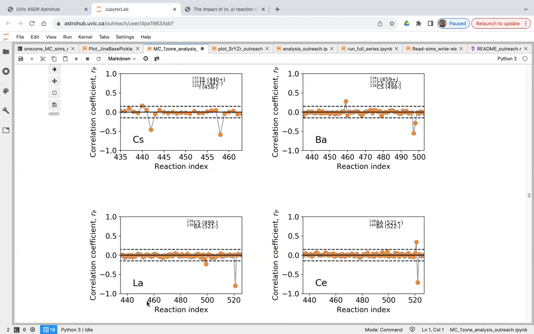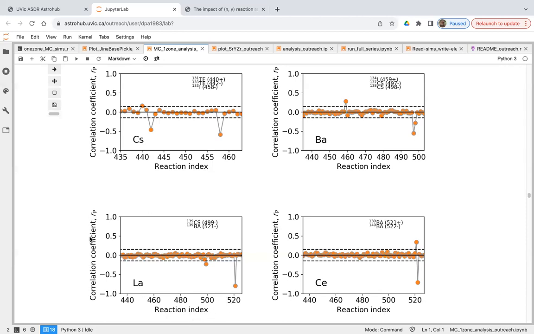This is just the number of the reaction in the list of reactions. So we have 1256 reactions on unstable isotopes.